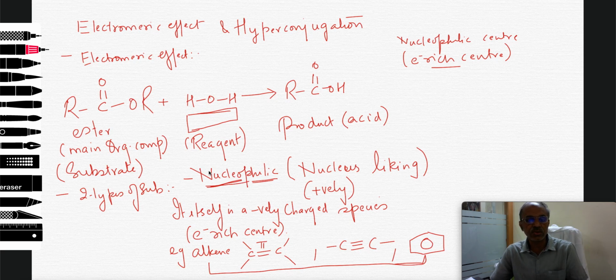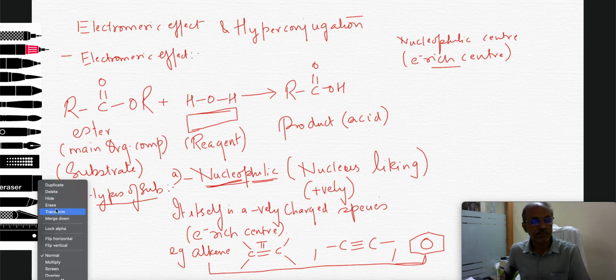As I have told, there are two types of substrate. One type is nucleophilic. This is, suppose, A. Now, the second type is electrophilic.